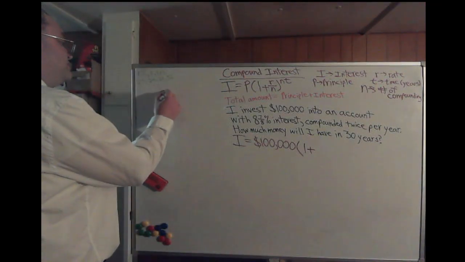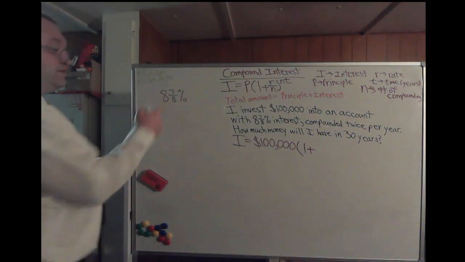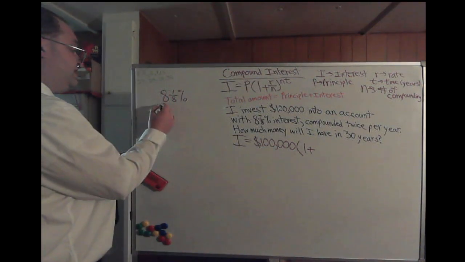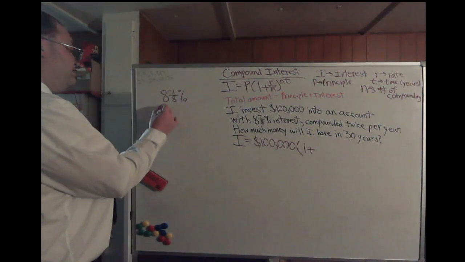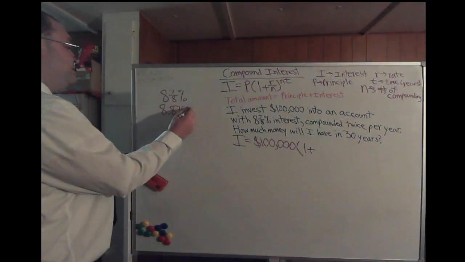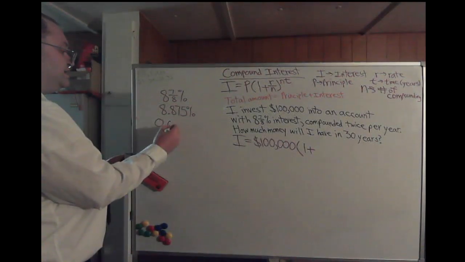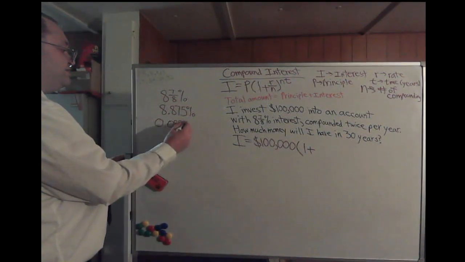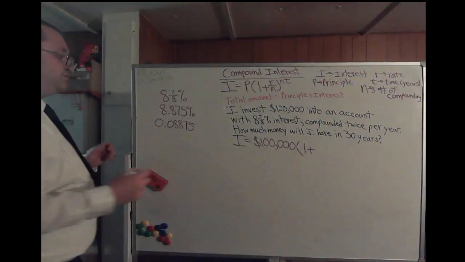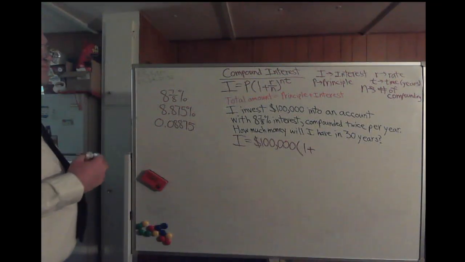Let's work that out on the side. If we convert the 7/8 into a decimal, you'll have 8.875%. Convert the whole percent to a decimal, and you'll have 0.08875.